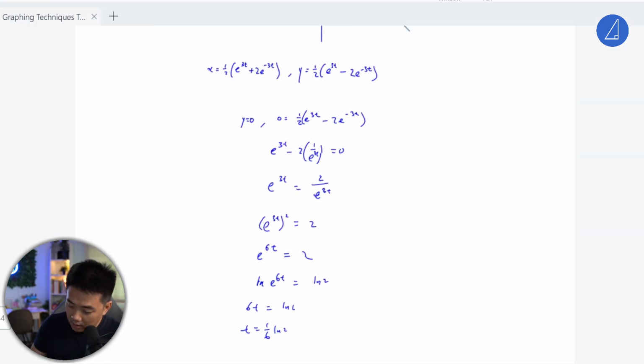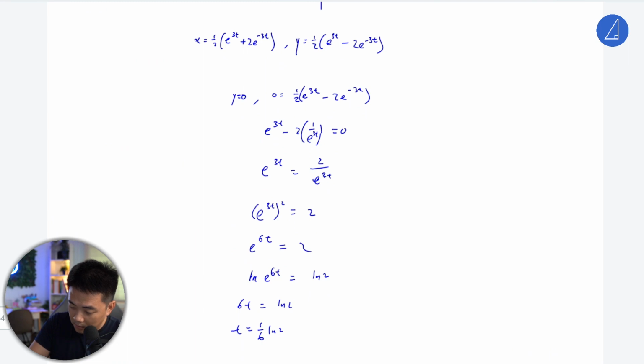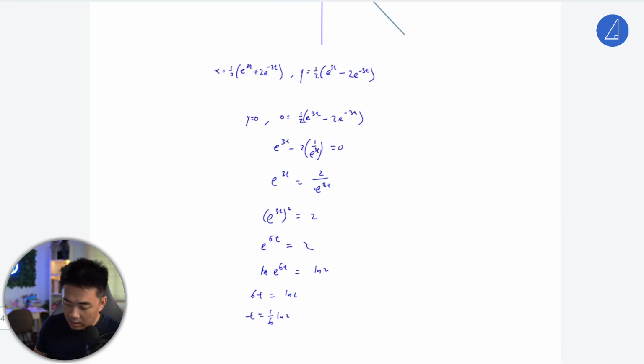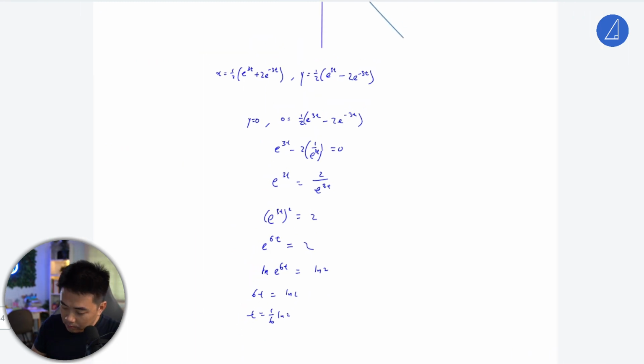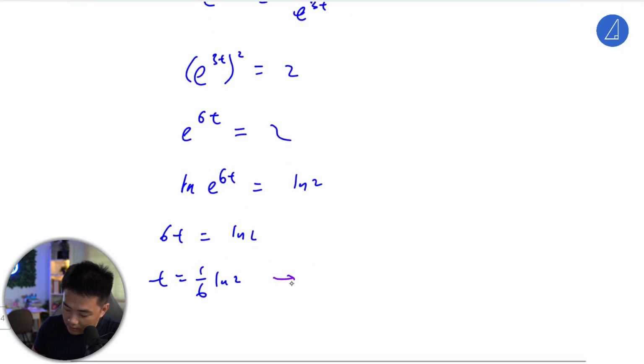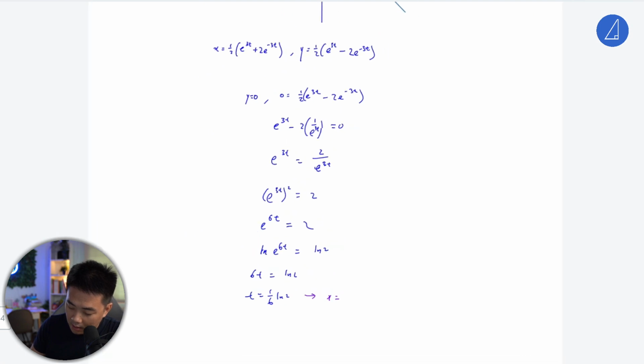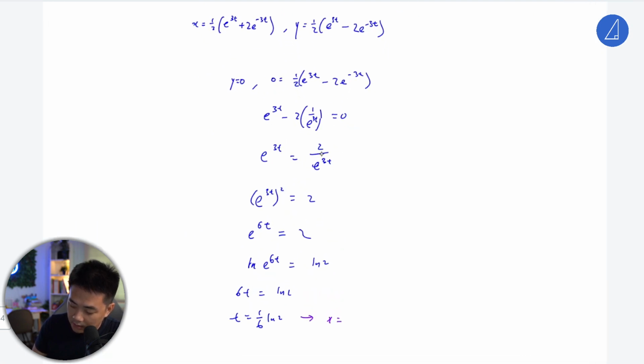It looks like root 2, but we can key in the x here. So x is equal to, but e^(3t) is equal to this e^(3t), we can just put it inside here. But e^(3t) is equal to square root 2.